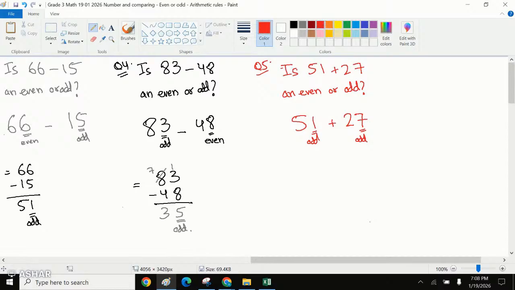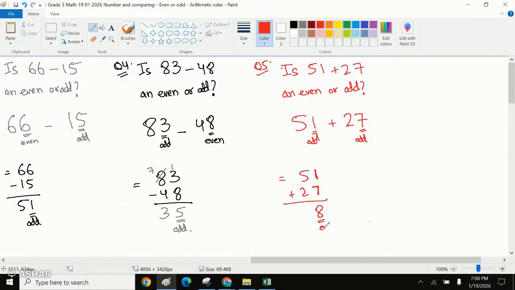be, we can do it over here, 51 plus 27. See, what happens is 1 is odd from 51, and 7 from 27 is odd. But when we add two odd numbers, 1 plus 7, odd plus odd gives us an even number.